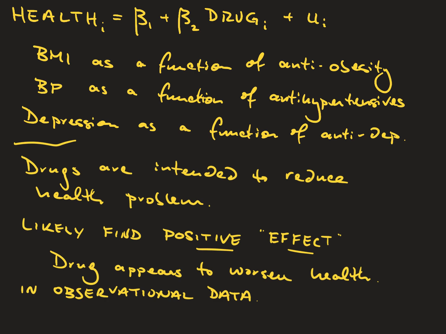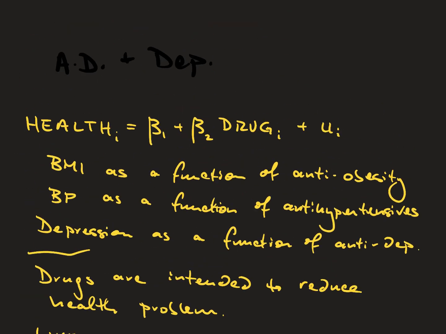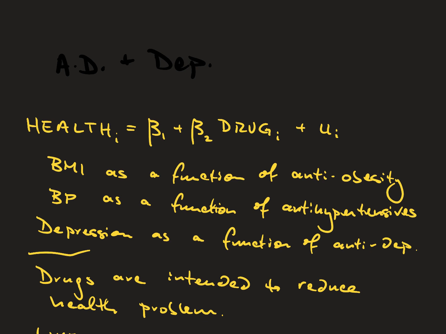When you estimate this equation, health is a function of how much of a drug you take, it will look like this beta 2 hat is positive.